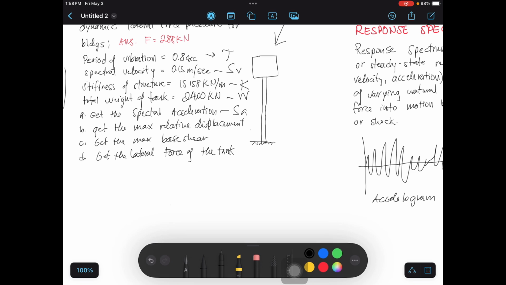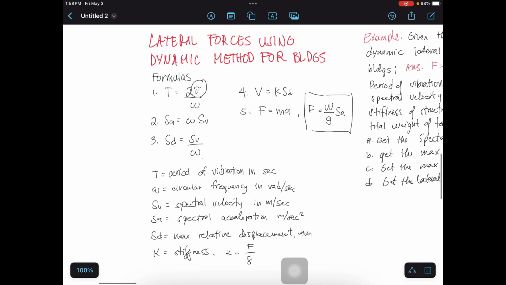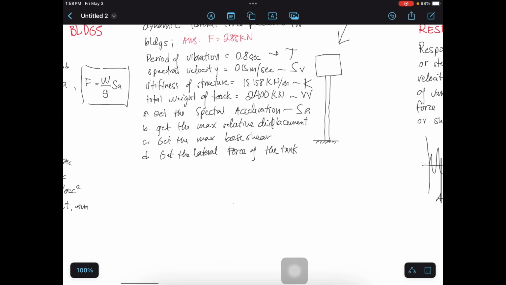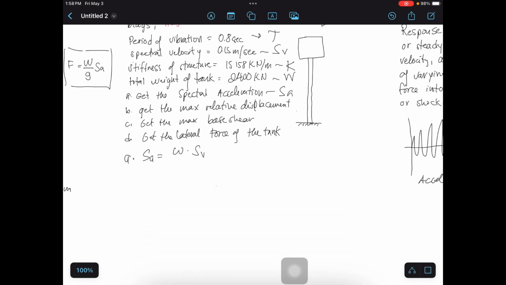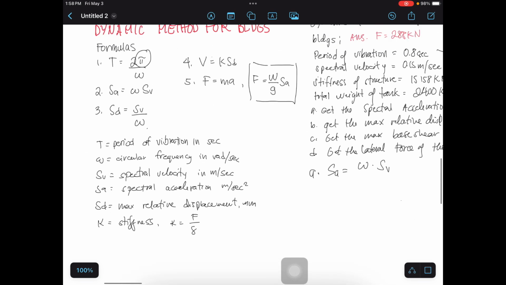So that is SA. Ano ang formula for SA? It is omega times SV. So, how do we get omega?